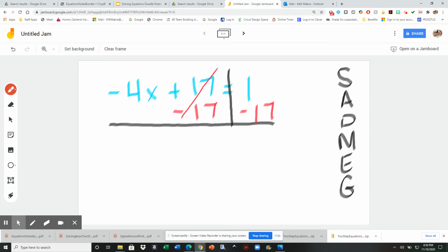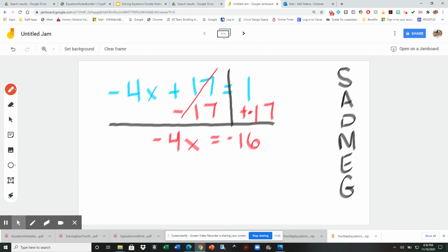And remember, when you have 1 minus 17, it's really the same thing as saying 1 plus a negative 17. On the left-hand side, I'm left with negative 4x is equal to, and positive 1 plus a negative 17 is actually negative 16.